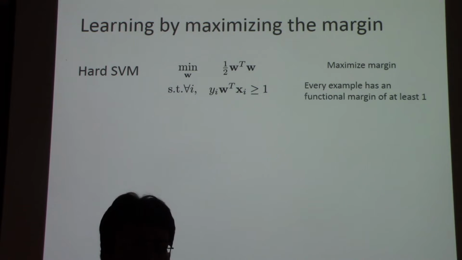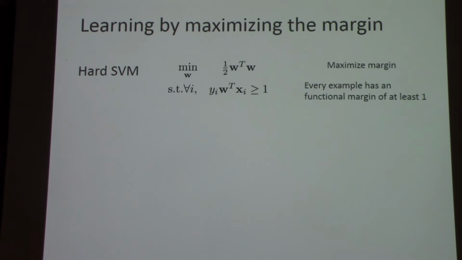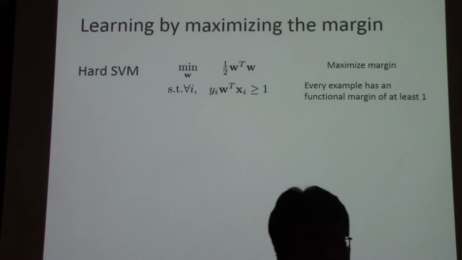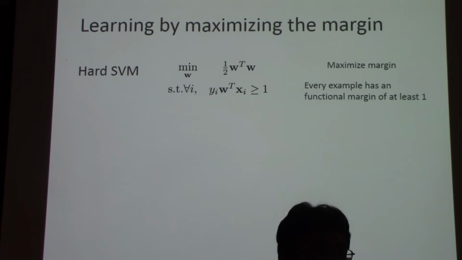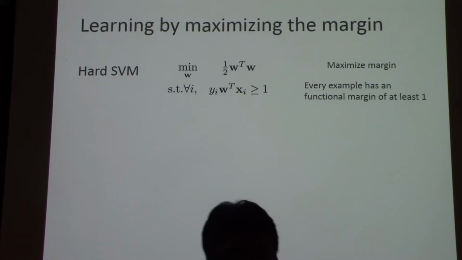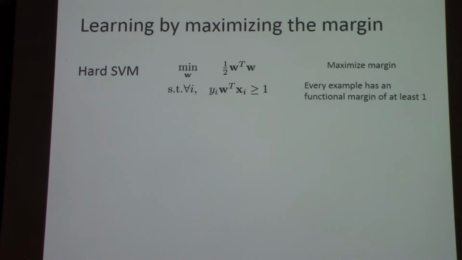But of course we have constraints, and the constraints are all of this form in the hard SVM. Remember that W transpose X is the same thing that we use for prediction. We take W transpose X and look at the sign of this thing. If the sign is positive and Y is negative, then we have made a mistake. If the sign of W transpose X is negative and Y is positive, then we've made a mistake. So Y times W transpose X should be greater than 0.